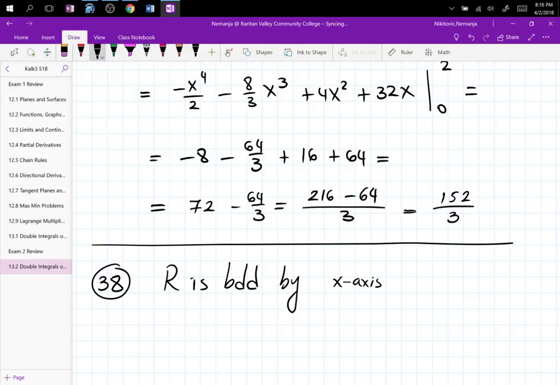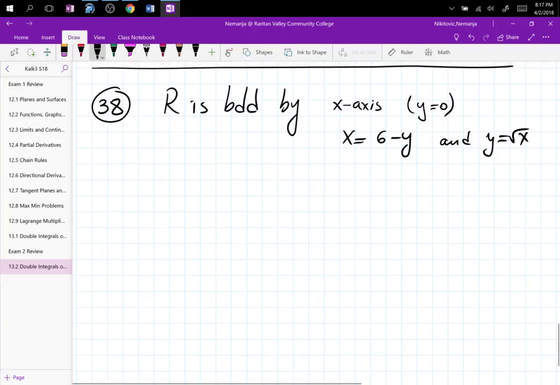Well, that's y equals 0, right? It's bounded by x equals 6 minus y, and y equals root x. I'm not even going to think about this problem until I have the picture for it.